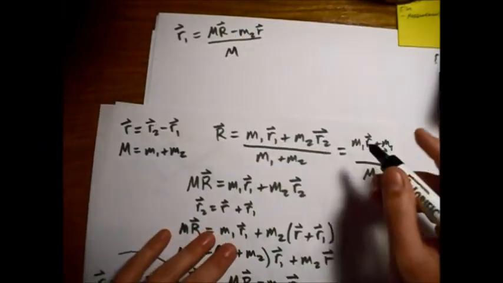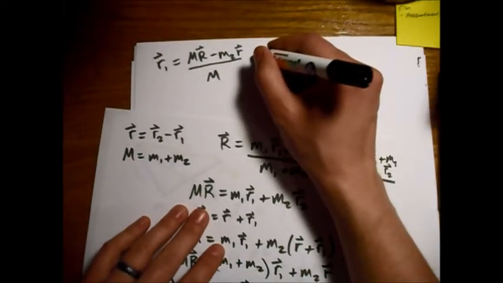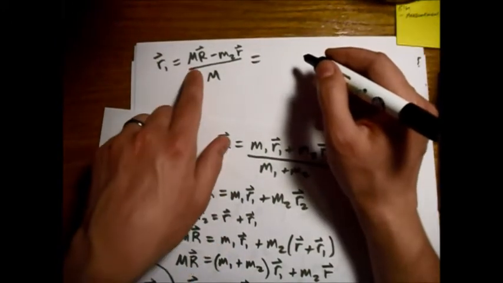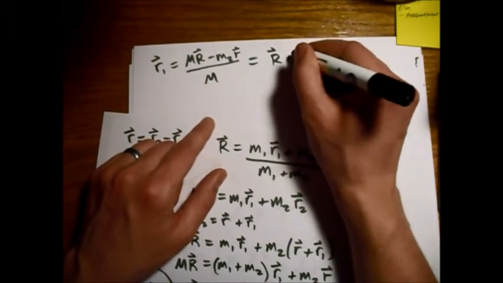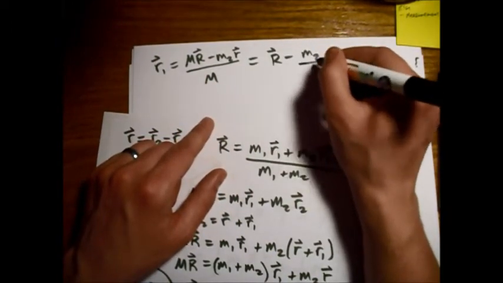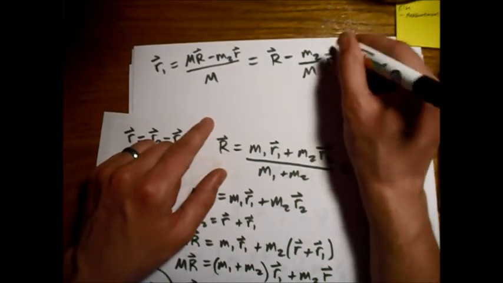If I divide this out, I get big R minus M2 over big M times little r.